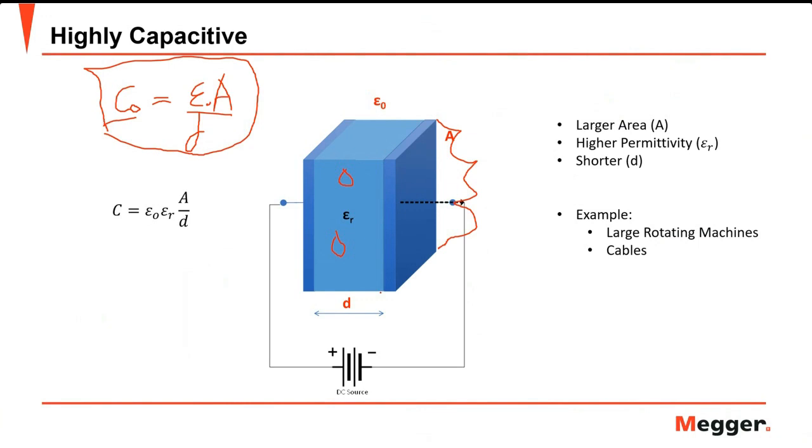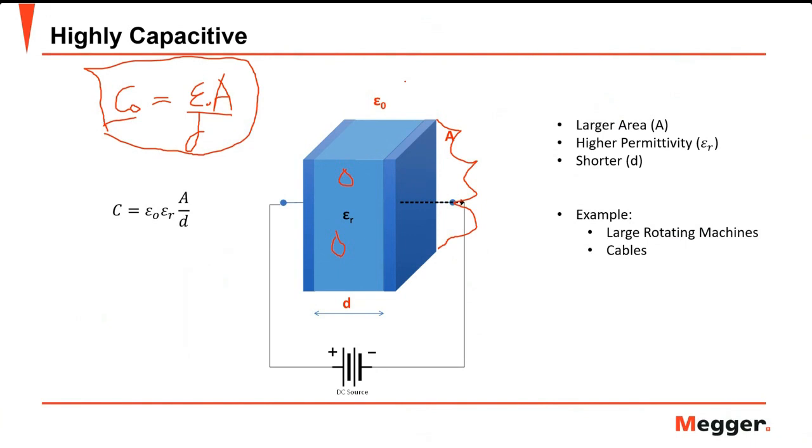So when we do capacitance testing, we are looking at geometrical deformation of your test object. You need to record the capacitance, and when you do capacitance testing, it is good to do the trending, because it will give you information on what is happening with the geometrical status of your insulation.